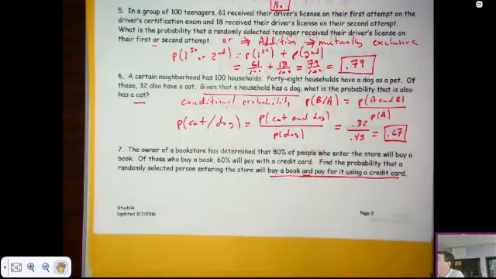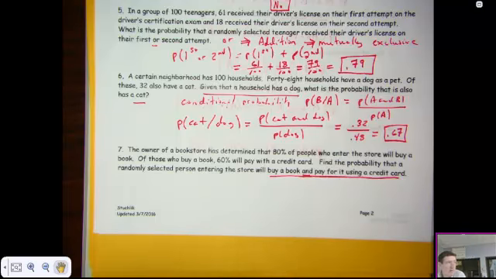So our two events: buying a book. The 80% who come to the store are going to buy a book. No matter how you pay, 80% buy a book. Now, of those who buy a book, 60% use a credit card.